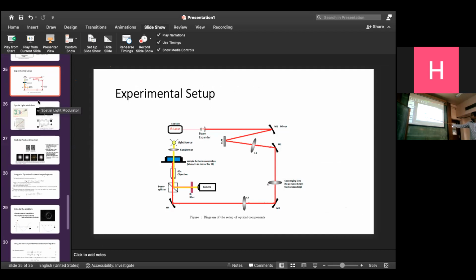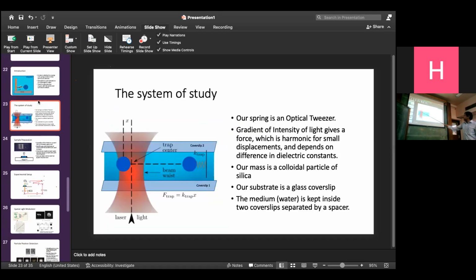If I give the Laguerre-Gaussian pattern, I will get a Laguerre-Gaussian beam pattern here, which is circular. So this is the fundamental component of an optical tweezer, you can say, which is holding the light. If I had a single beam, it would act like a trap holding the particle at one point with some Brownian fluctuation on top of it. But I can create tracks of squares or straight lines or circular paths.